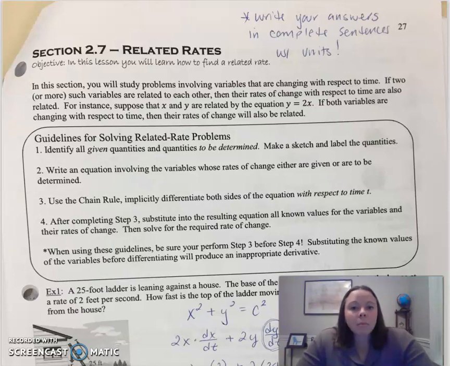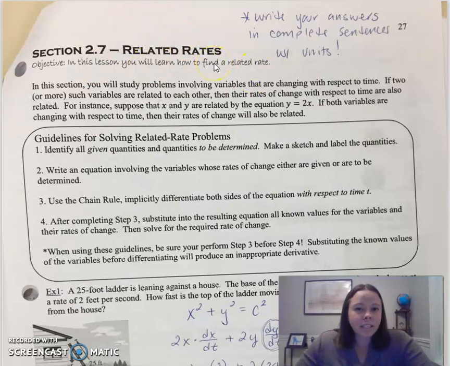So one really good example is if you were to drop a rock into a pond, it's going to create a ripple, and the shape of that ripple is a circle. Well, as that circle gets bigger over time, the radius is changing, the circumference, the area, all of those are changing, not at the same rate, but the rates are related.